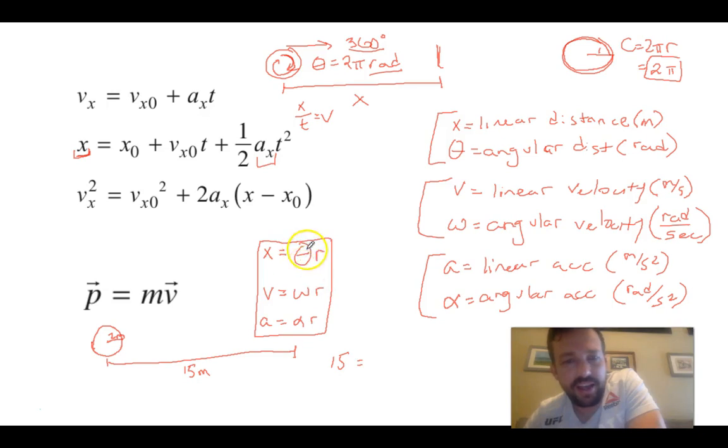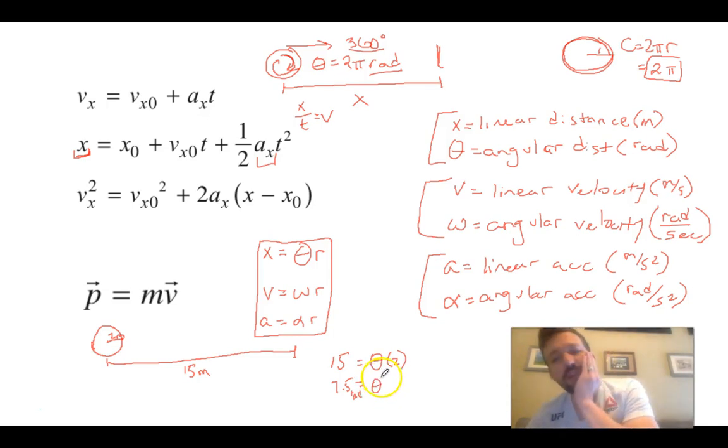The angular distance is what I want. I want to know how many radians it traveled, and the radius was 2. So then you could divide, and you get 15 over 2, which is 7.5. And that would be radians. Yeah, 7.5 radians.